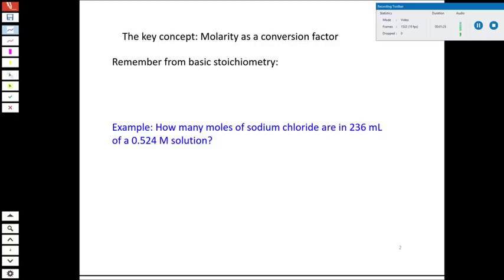So if we remember from chapter 5 when we learned the basics of stoichiometry, moles are the key quantity. So everything involves converting to moles primarily as your first step when you're doing a stoichiometry problem.